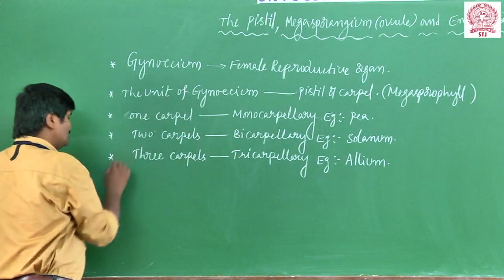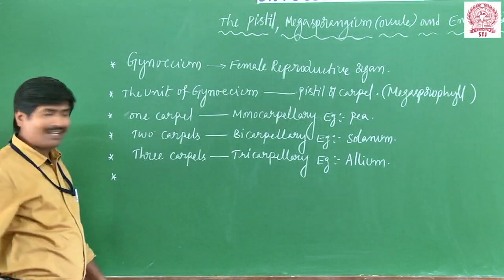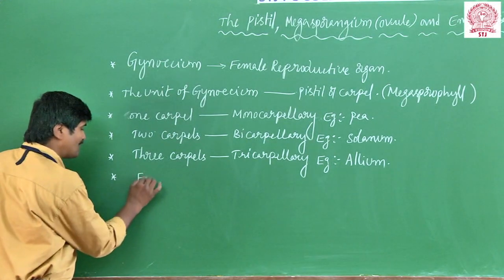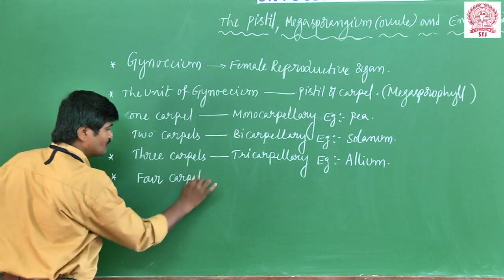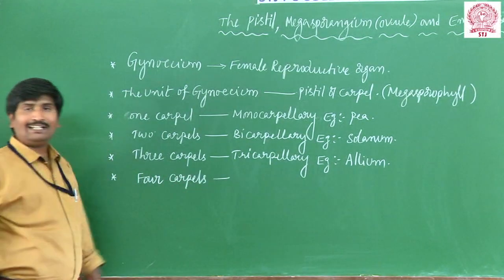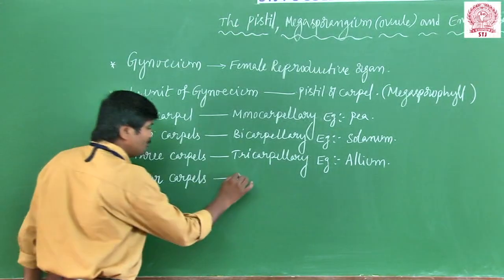Next one, the gynoecium may consist of four carpels, that is tetracarpellary.